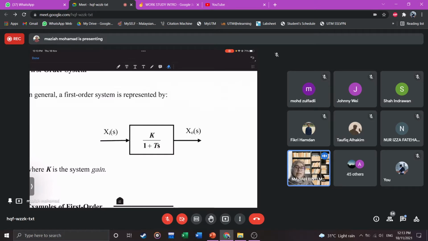Again, let's start with the first order. The general transfer function for the first order is K over 1 plus tau s.